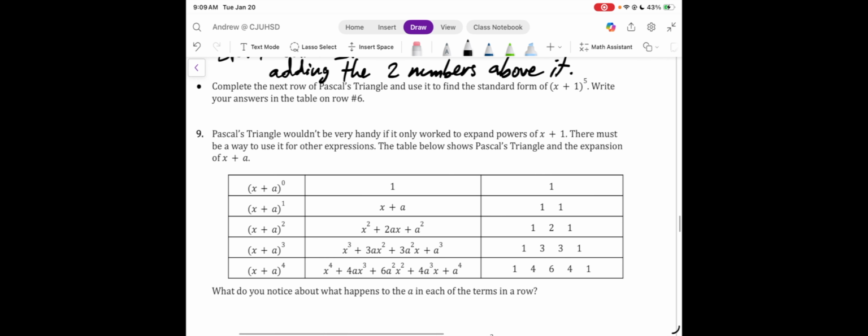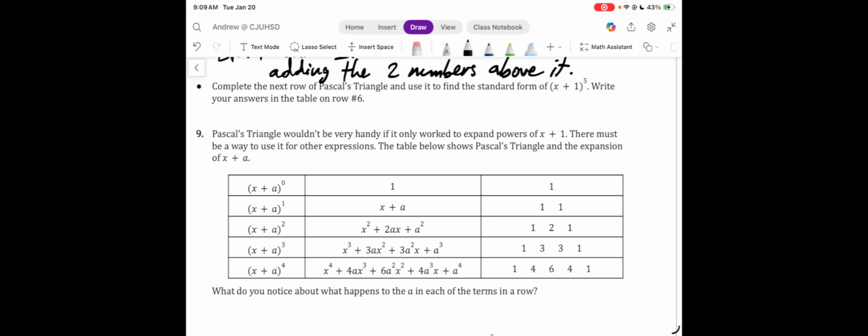Pascal's triangle wouldn't be very handy if it only worked to expand powers of x plus 1. There must be a way to use it for other expressions. The table below shows Pascal's triangle in the expansion of x plus a. So you see powers of x go down, while the powers of a go up as you go from left to right.